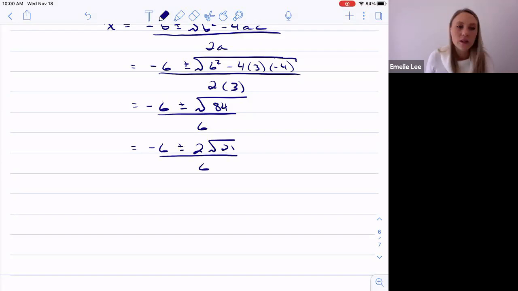Either way, you'll likely use decimal approximations for graphing, because it's hard to know where 2 root 21 is. Really hard, actually. If you don't have the exact answer, that's okay. Sometimes Shaun might ask for the exact answer, so just know that that's what this is.